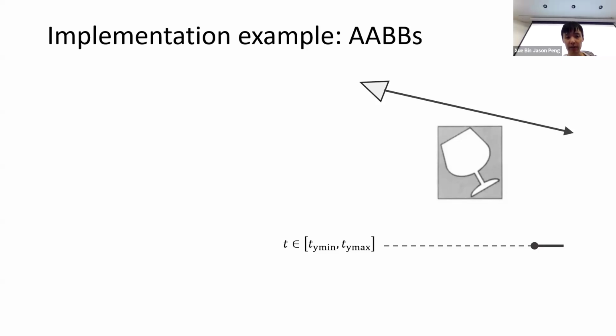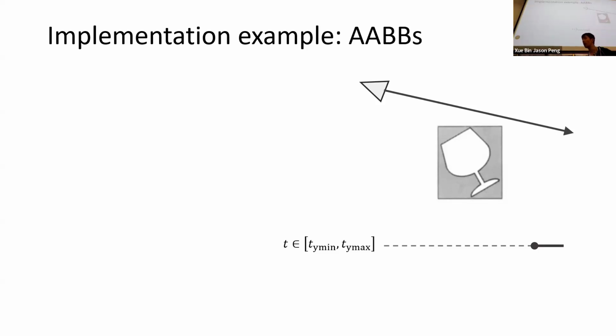Today we are going to continue our discussion on spatial acceleration structures. Last week, we introduced a couple of simple spatial acceleration structures, like the uniform grid structure and bounding volumes.